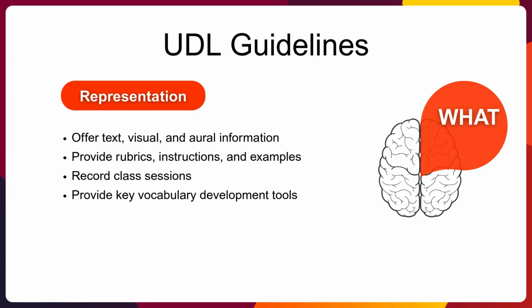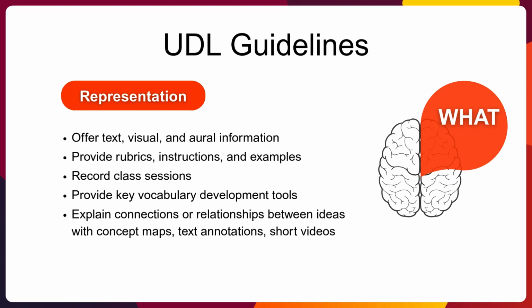Help learners to develop important vocabulary with things like a glossary of key terms, or provide a link to resources where students can find information about important concepts and figures related to the content. Point out important relationships and structures to students with concept maps, text annotations, or short videos. Consider how you can chunk information into smaller content to help students manage it more effectively.